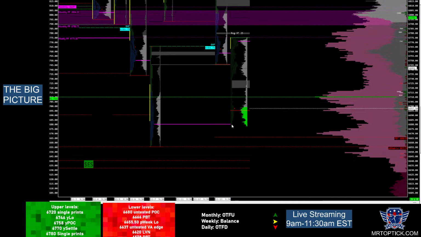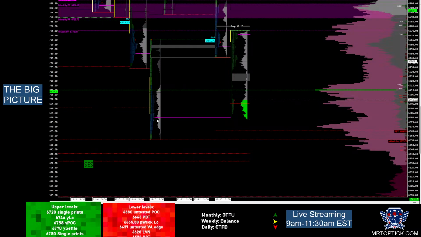Right now we just tested that point of control, and we started bouncing a little bit right ahead of the open, but we'll see if that is the extent of this move, or if we test the lows again and then finish cleaning up this bearish imbalance and test the low side of this range.